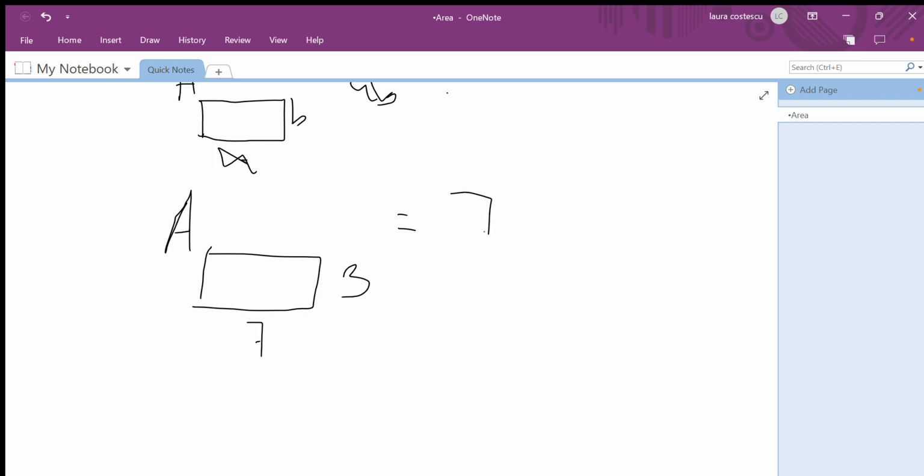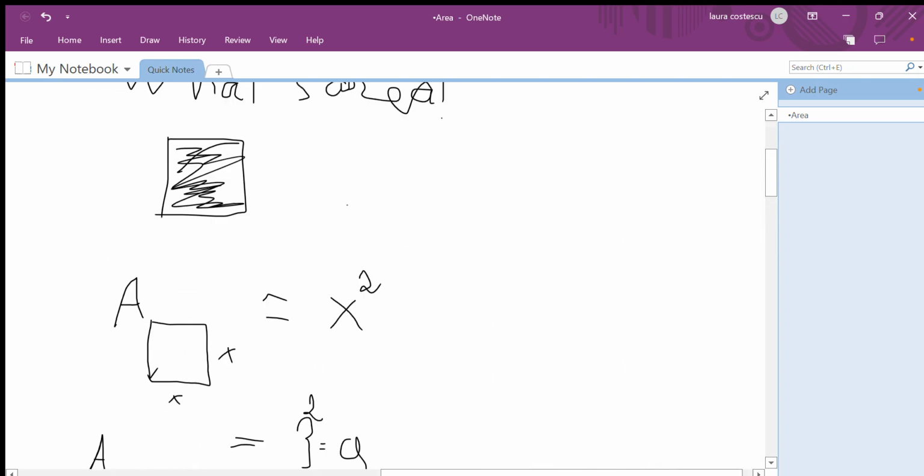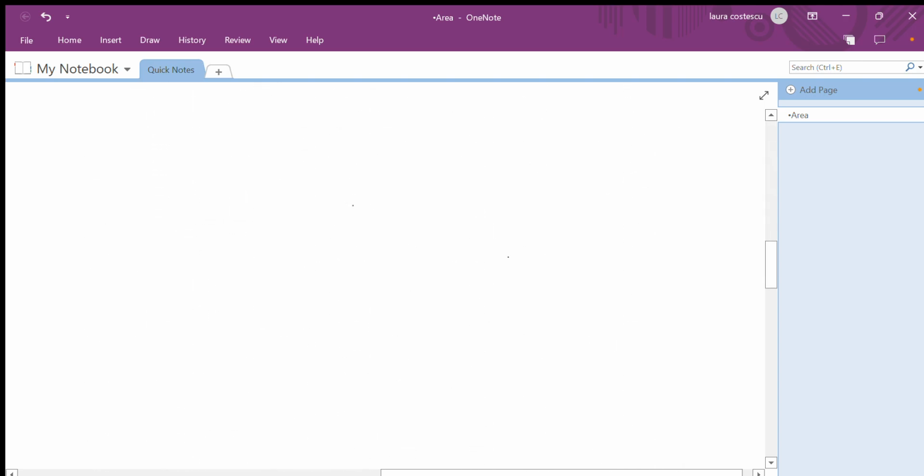But this one will be pretty simple too. It's 7 times 3, which equals 21. This is very basic. Till now, all we have here is basic. Nothing too hard. But now we'll get into harder stuff.